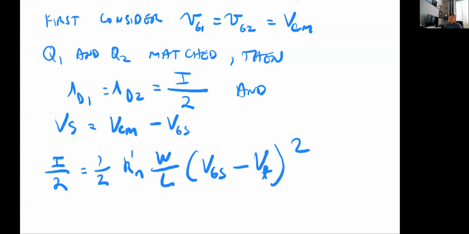All right, so we had formulated the drain current equation for both transistors, given the case that we're looking at. And then the other thing that we can say is that the overdrive voltage, again, for both transistors, is going to be the gate to source voltage minus the threshold voltage.